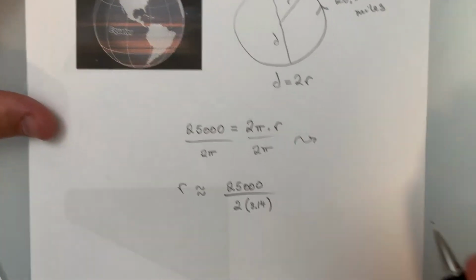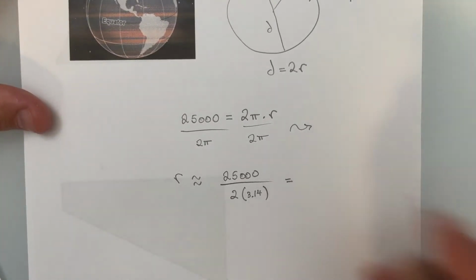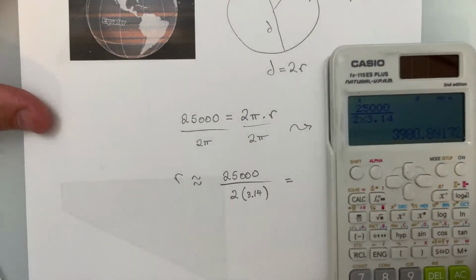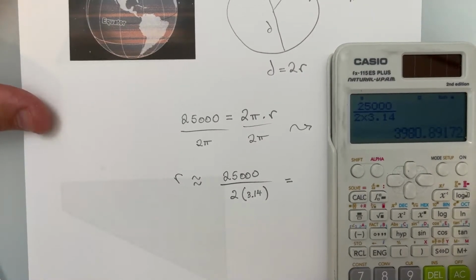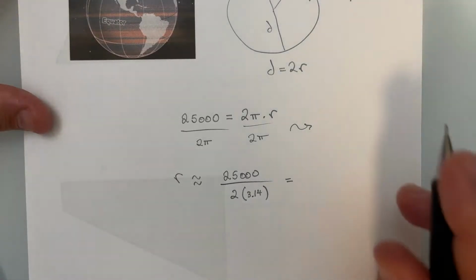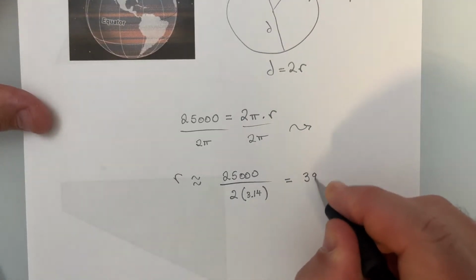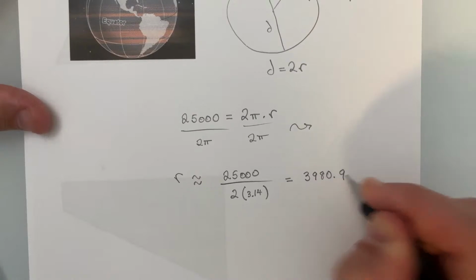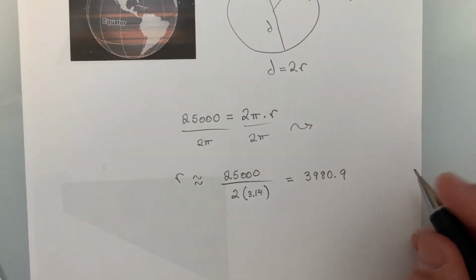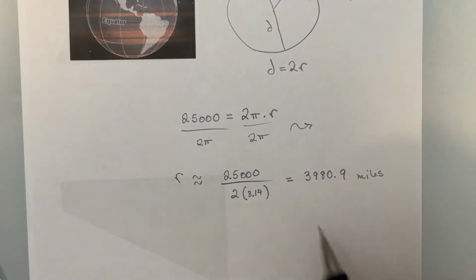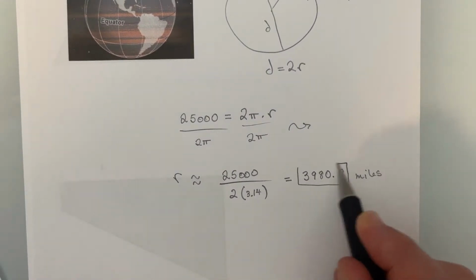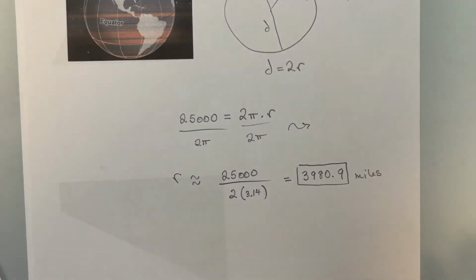So this is about equal to 3,980.9. And this would be miles. It didn't say to include the unit, but this would be right there.